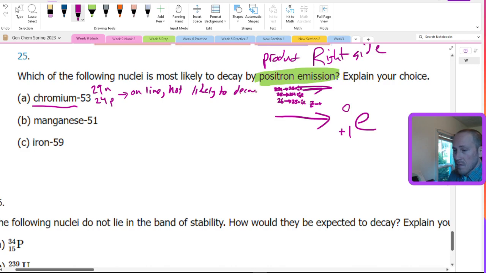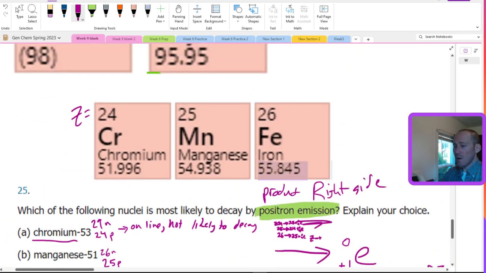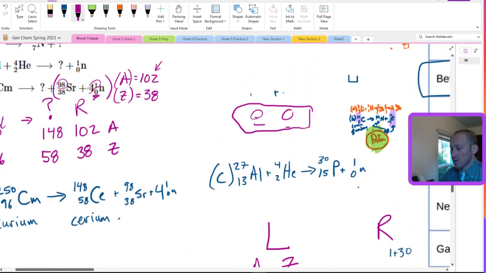It's stable. Manganese 51 has 25 protons, so 51 minus 25 is 26 neutrons. So let's see how that looks.